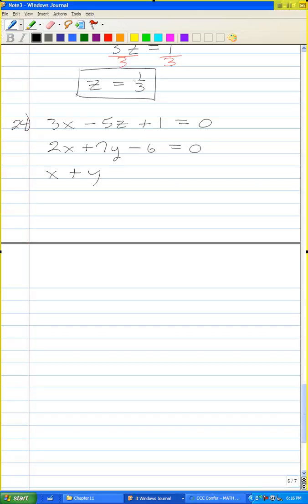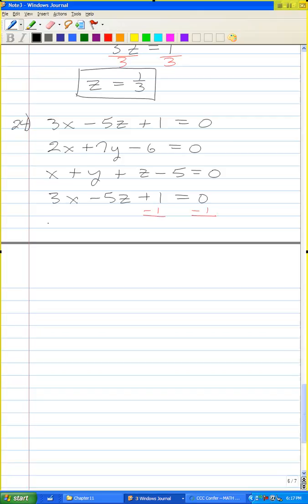X plus y plus z minus 5 equals 0. Okay, so first thing to do is for the first one, well, let me subtract 1 from both sides of my equation.